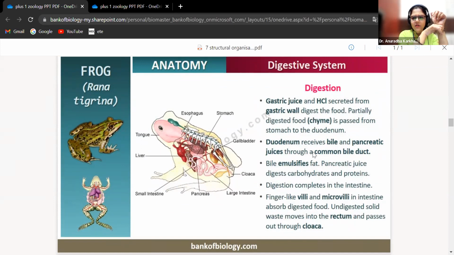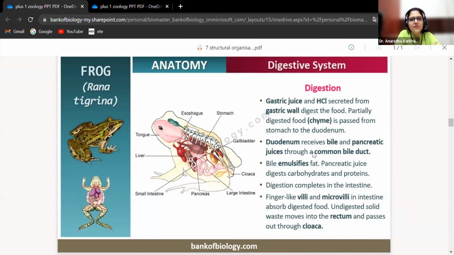Chief cells, oxyntic cells, have you heard any of this? Or never heard at all? Yeah, exactly. The stomach has 3 types of cells and 3 types of secretions: mucus, pepsinogen, and HCl. I mean, this should come to your mind immediately. So gastric juices and hydrochloric acid secreted from the gastric wall would digest the food.